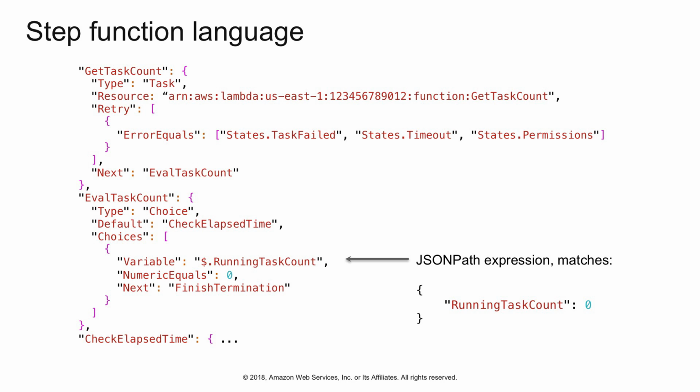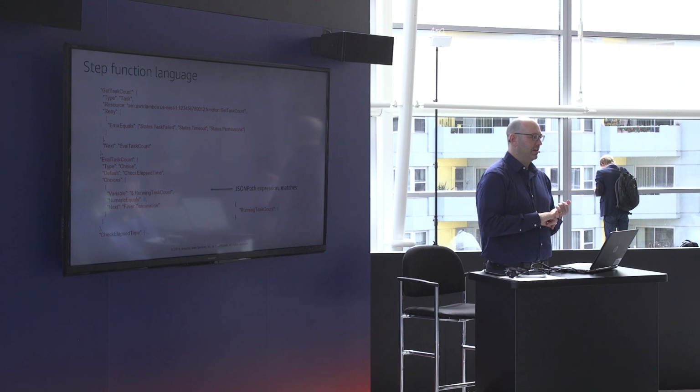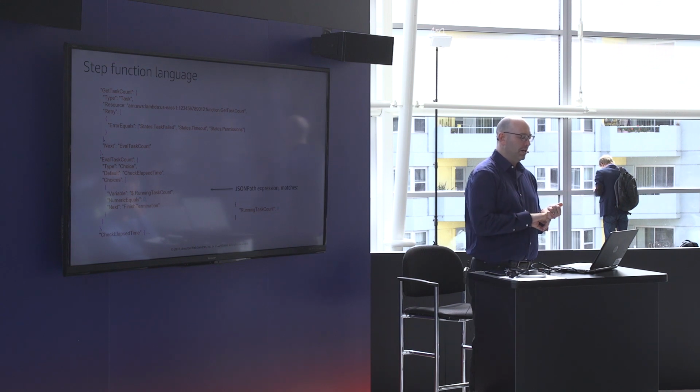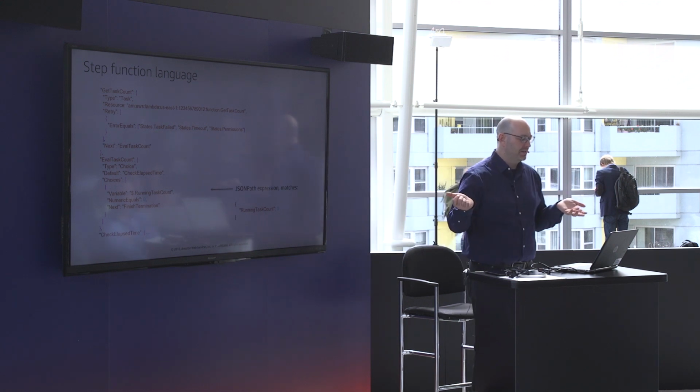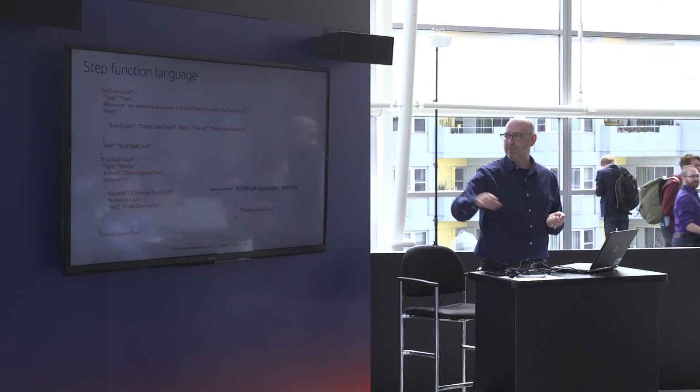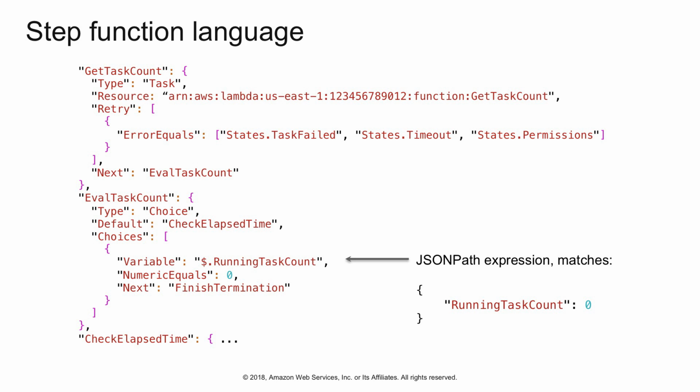And for each of the variables, when you're evaluating branches or choice types, what you're doing is evaluating against a so-called JSON path expression. In this case, this expression would match $, which basically means the root node of the JSON tree. We're just matching whether or not the running task count as a root object is equal to 0.